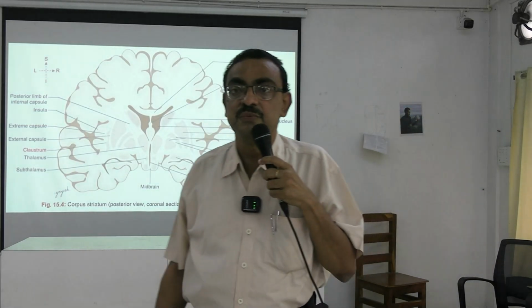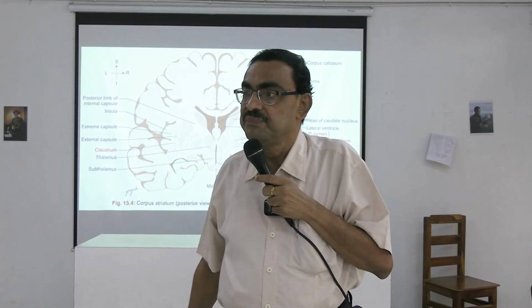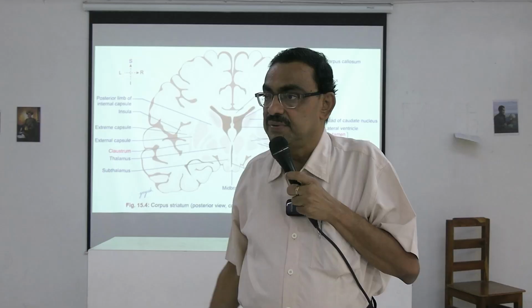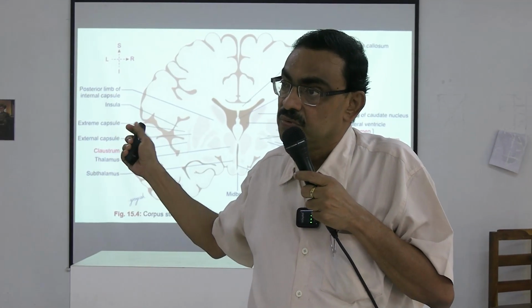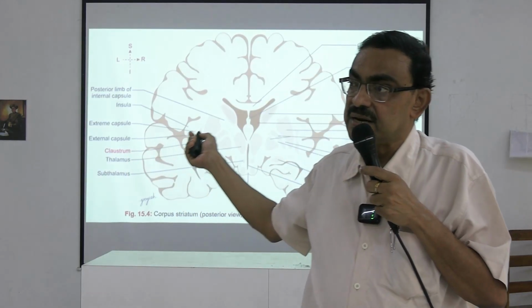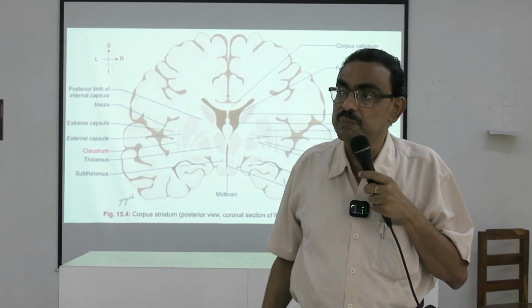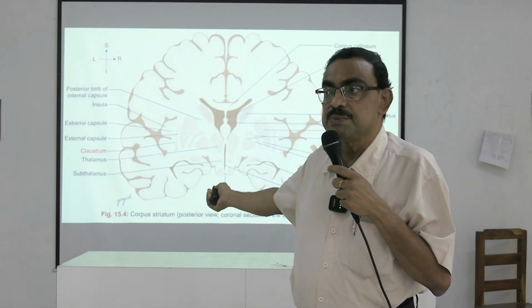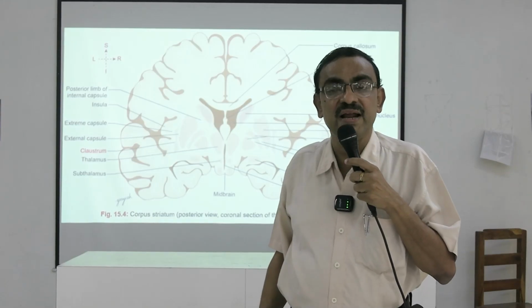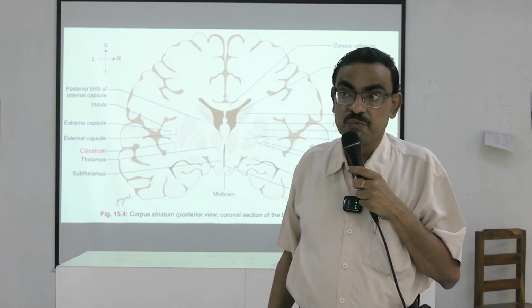So that movement will be monitored and coordinated by the basal ganglia. Not only the pyramidal fibers, that means corticospinal fibers and corticonuclear fibers, are causing the motor movement. They are also responsible for coordinated motor movement.